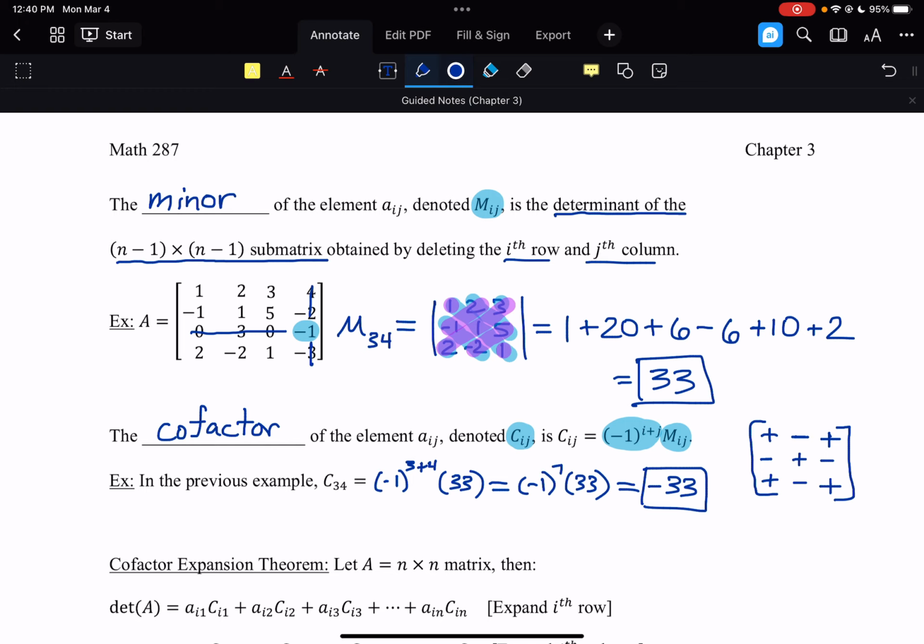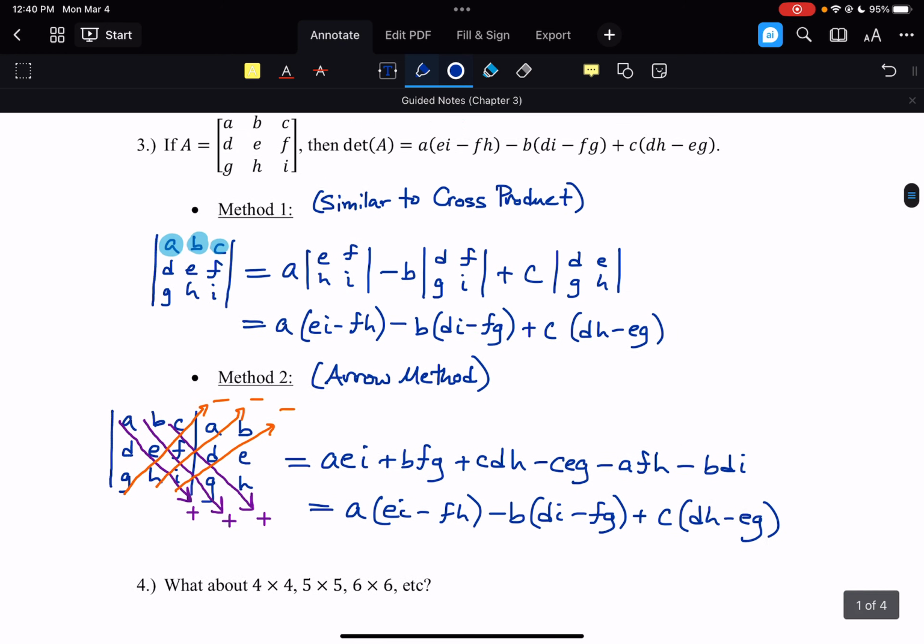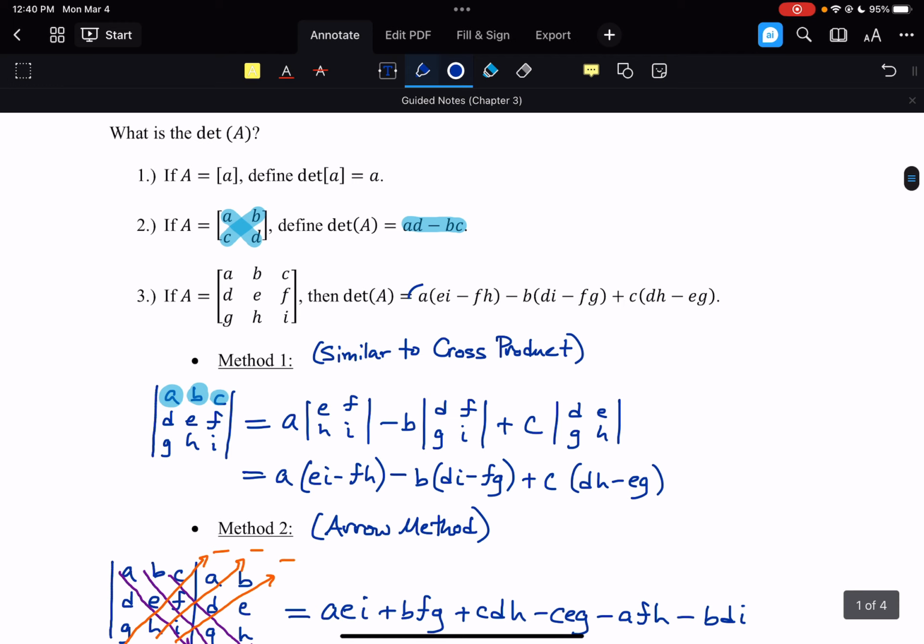And if you recall from the cross product method that we looked at for the 3 by 3, we had this formula that had A with a -b and a plus C. Back in Calc 3, we basically tell you these alternate plus, minus, plus. We never really explain why that's the case, but it's actually because of the cofactors.